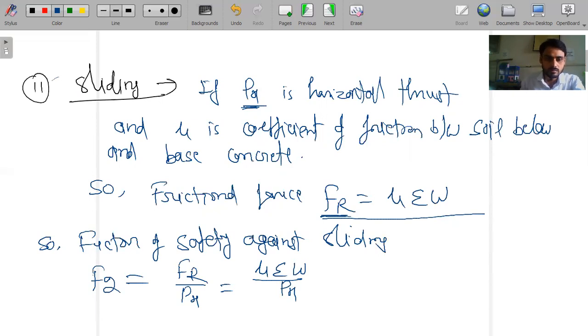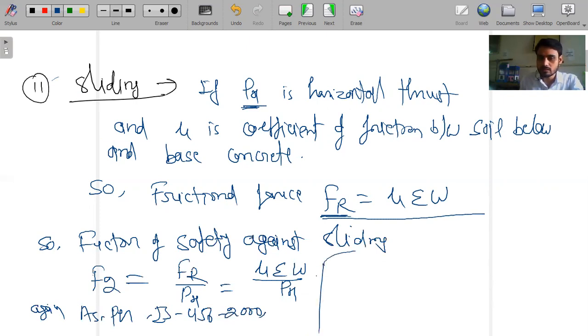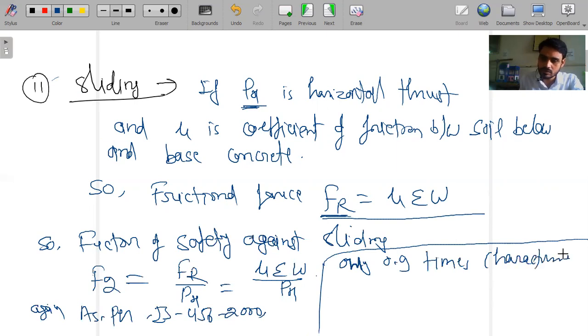Again, IS 456-2000 recommends that only 0.9 times, or only a 90% chance, will be there when the characteristic load will occur in the structure. As per IS 456-2000, only 0.9 times the characteristic load will occur.